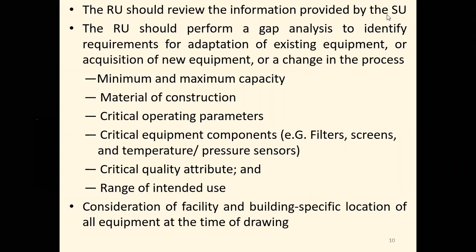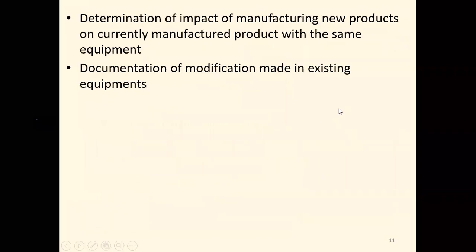So after consideration of the building facility, the impact of manufacturing the new product on the currently manufactured product has to be determined. It means when we are using the same equipment, what will be the impact of the new product over the previous product, that we have to determine.